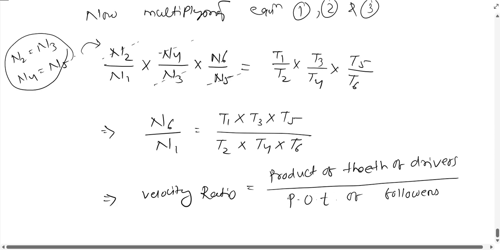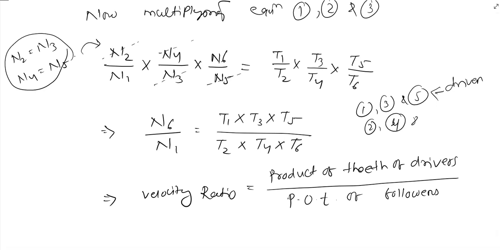See, gear 1, gear 3 and gear 5 are drivers, and gear 2, gear 4 and gear 6 are followers.